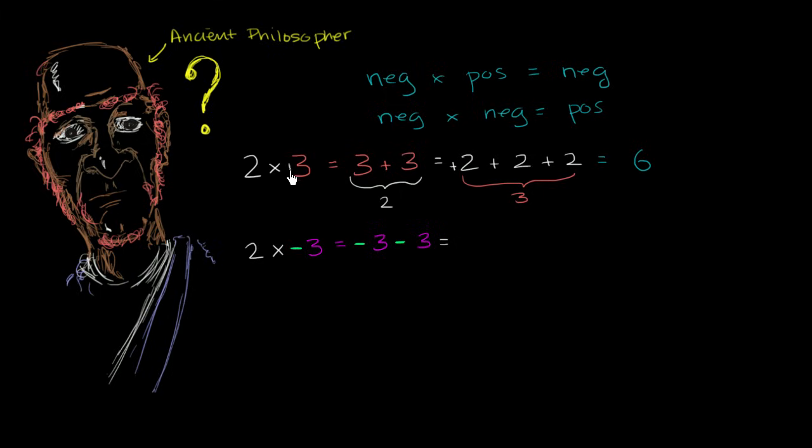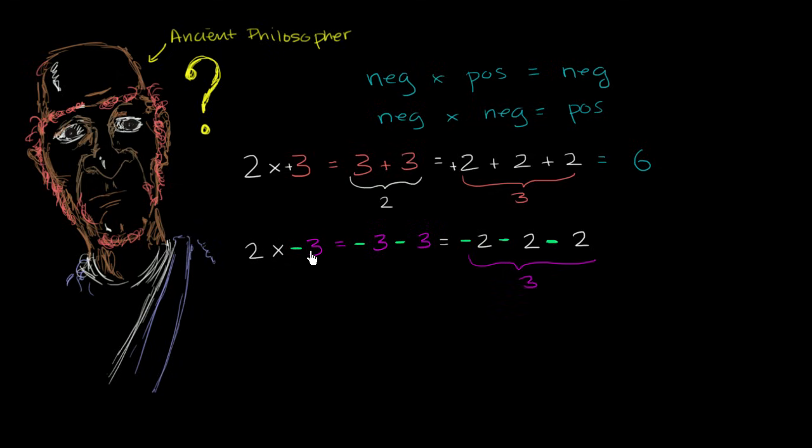So up here I could have literally written plus 2 plus 2 plus 2, because this is a positive 3 right over here. All of a sudden, since we're dealing with a negative 3, we could imagine that this is subtracting 2 3 times. So this would be subtracting 2, subtract another 2 right over here, and then you subtract another 2 right over there. And notice, once again, you did it 3 times.